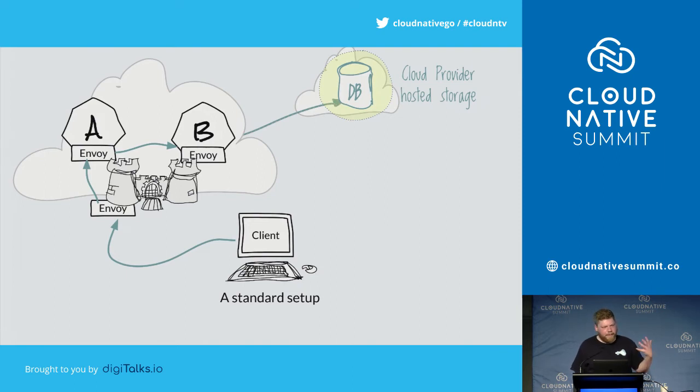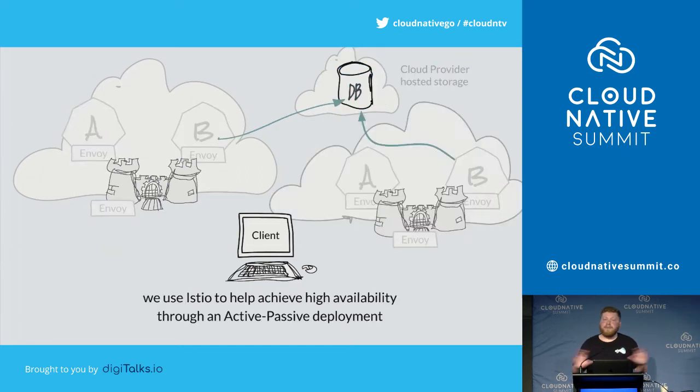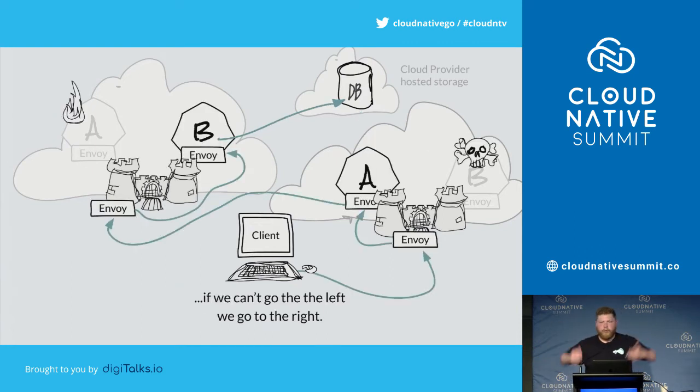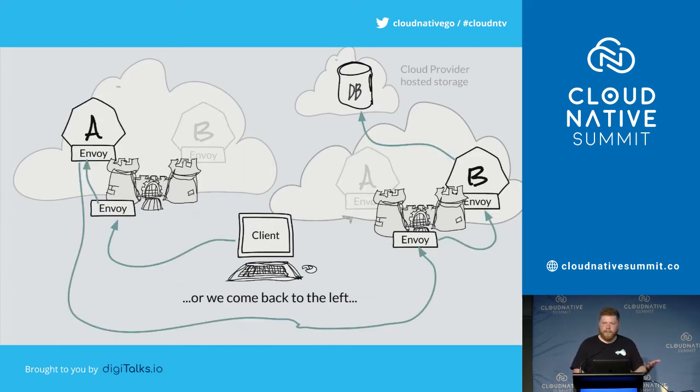They had done maybe the hardest part of setting up an HA deployment, which is they had already migrated to a cloud provider database. So from the perspective of their applications, the database is effectively global. That makes our lives substantially easier, because now all that I have to do to get an HA deployment is just stand up another copy of their cluster, and as long as we can control how traffic flows between the two of them, we can route around failures, right?